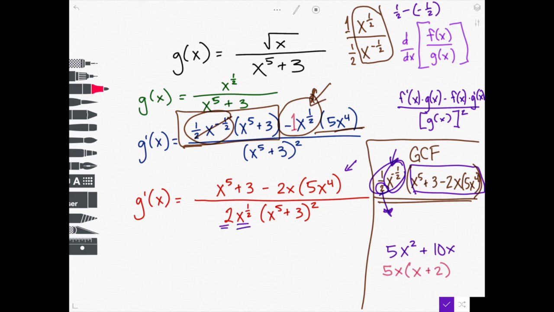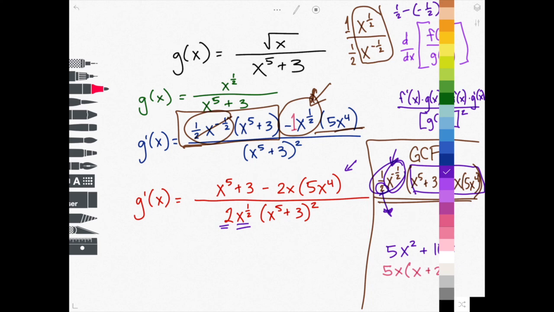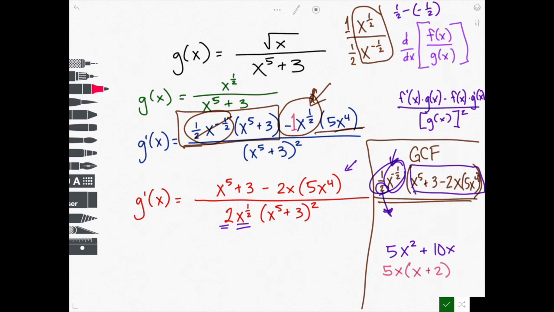Okay, so it's a long walk for sure, but that's how you get to that stage. And that's the hard work. If you can get that, getting to the final part of the answer is much simpler. If I multiply these two pieces together, I get minus 10x to the 5th.